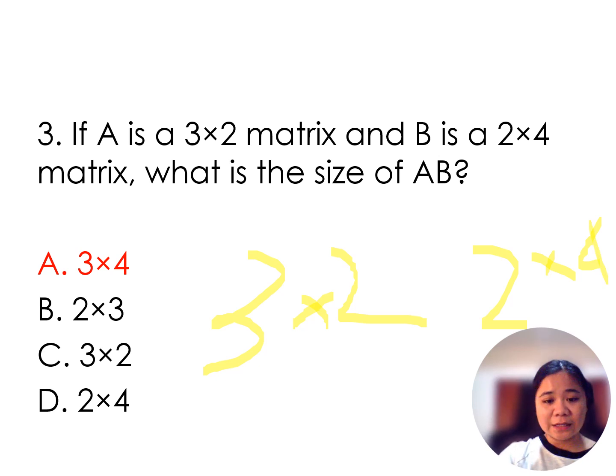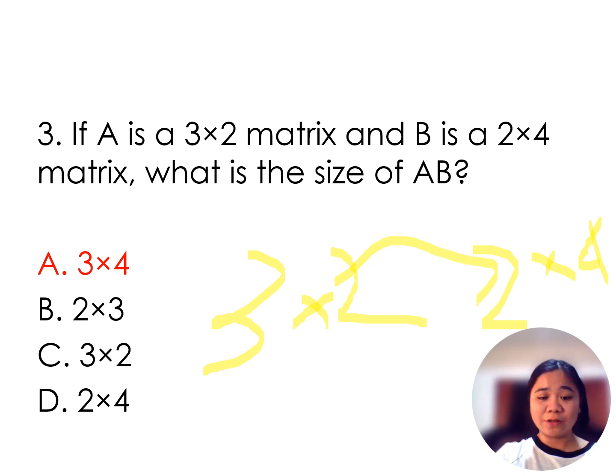Now, since the inner dimensions are the same, 2 and 2, the inner dimension matches. Since the inner dimension is the same, we get the first and the last dimension. So we get 3 by 4. So the size of AB is 3 by 4.